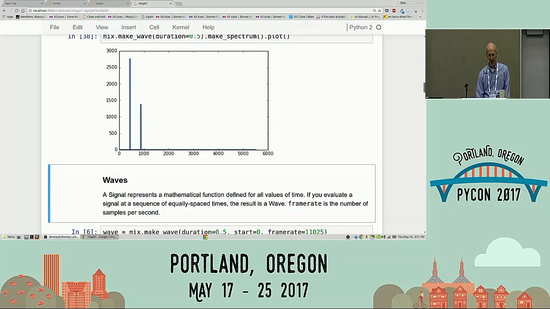And if you look at the spikes, they are at 440 and 880 hertz, and one of them is twice as high as the other. So there's this direct correspondence between the frequency components that make up the signal and what the spectrum looks like. Each spike in the spectrum corresponds to a frequency component in the signal.